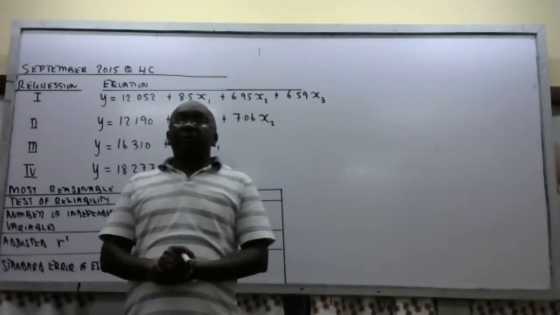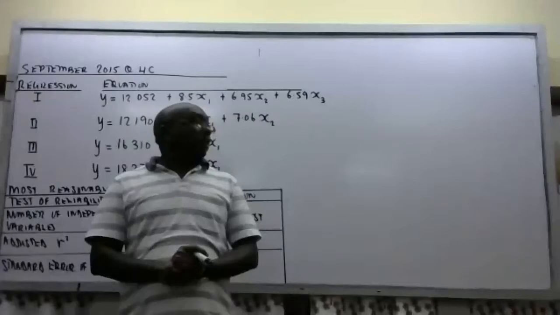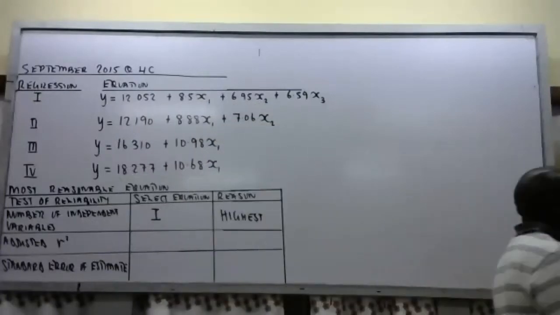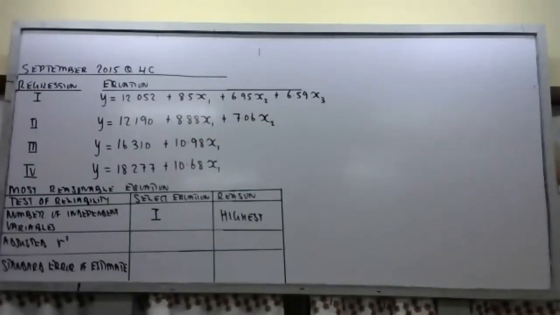When you're looking at R square, you go for the highest or the smallest?